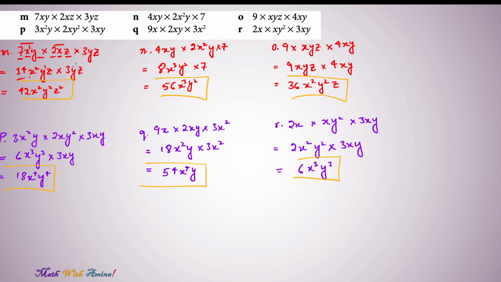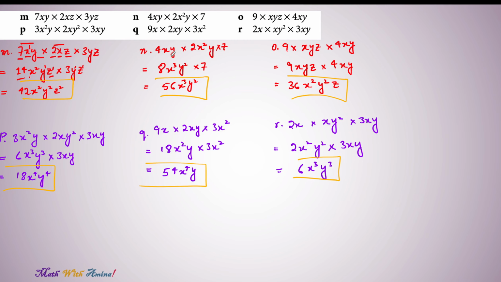Here the power of y is 1 and in here it's 1 as well, so 1 plus 1 is equal to 2. Then we see the next variable, it is z. In here it is z, the power is 1, and this z has the power of 1 as well, so when multiplying the powers will be added of the variable, so 1 plus 1 is equal to 2. This way the final simplified expression would be 42x squared y squared z squared.